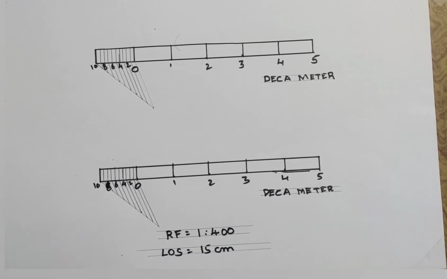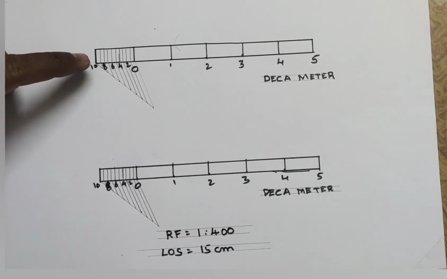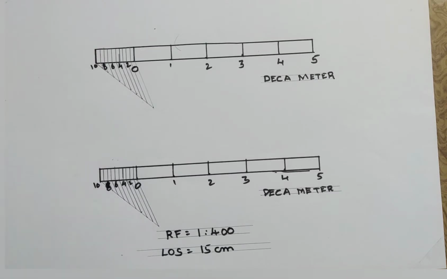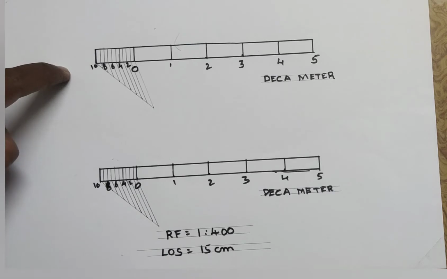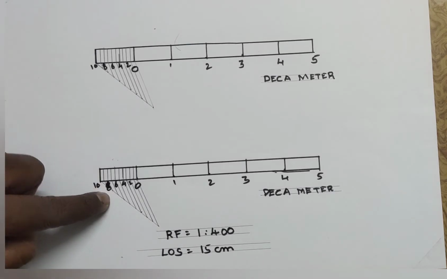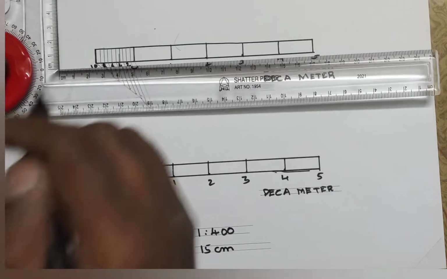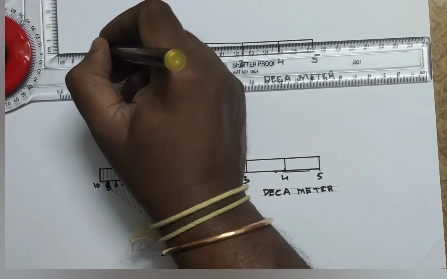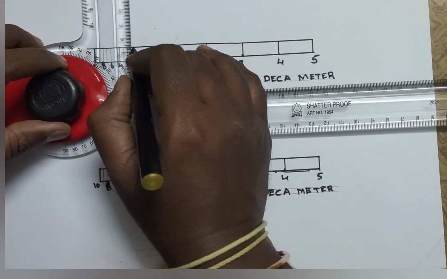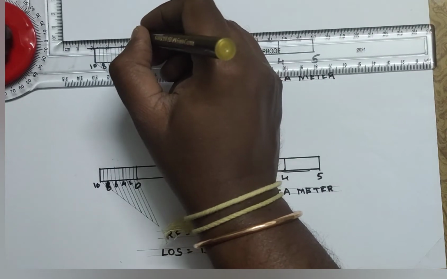Now we have divided the vernier scale into 10 parts in both the cases. So what is the concept in vernier? We have to take n plus 1 units in case of backward vernier, n minus 1 units in case of forward vernier. So here we have to extend it a little bit, and then we have to extend like this.